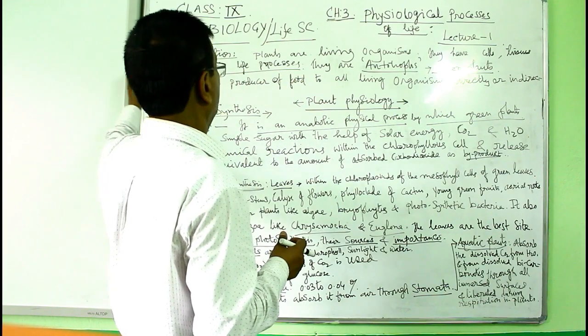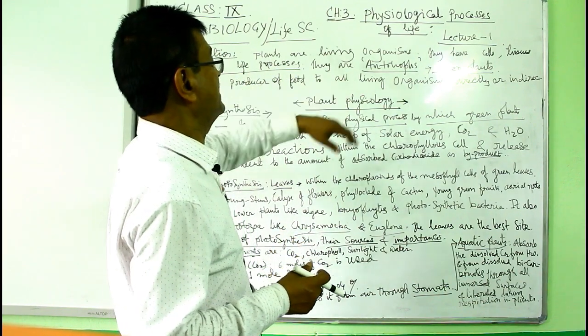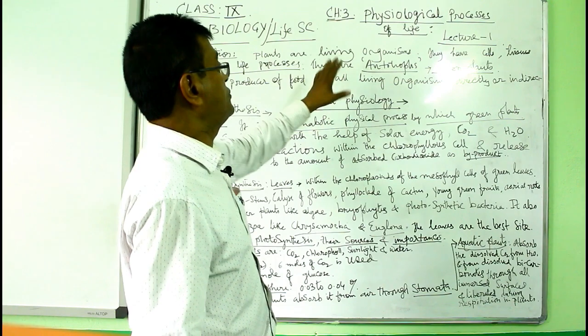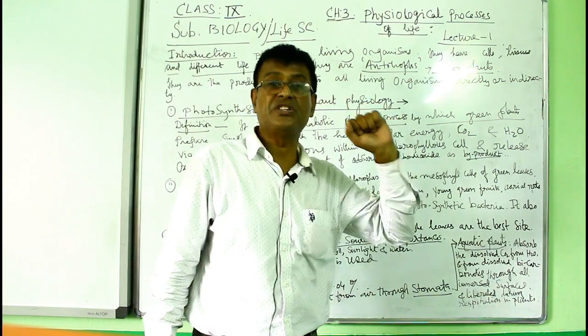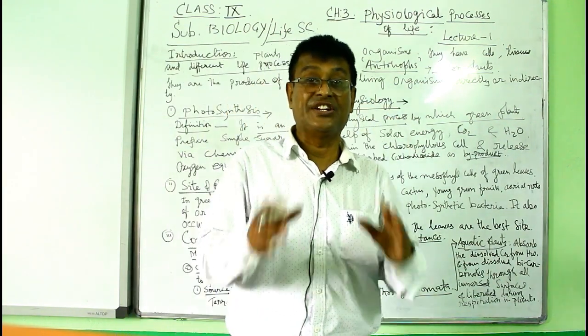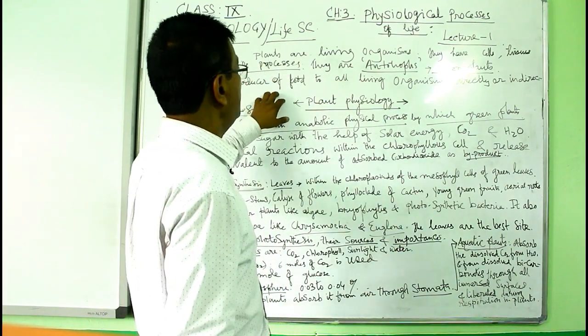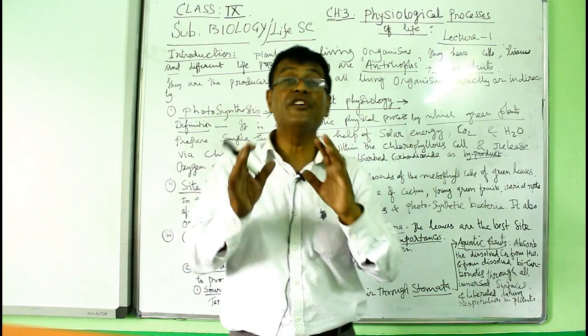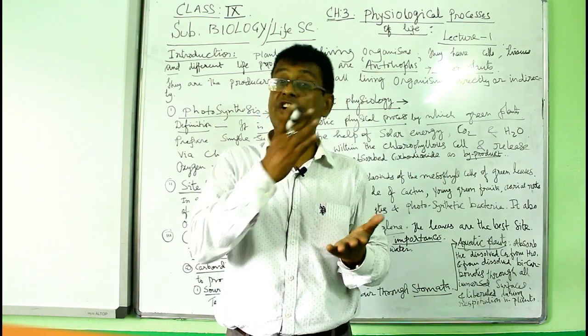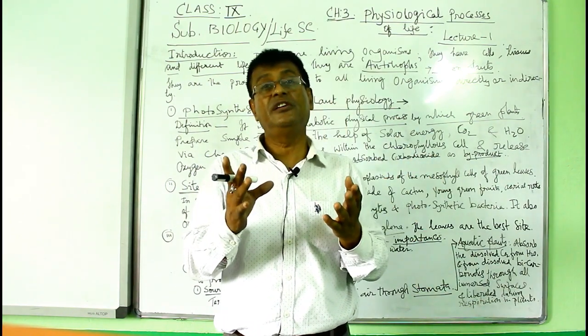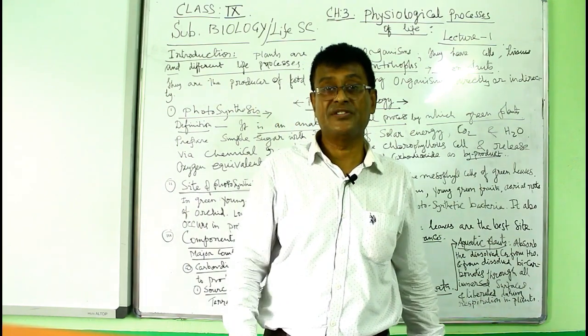Firstly, we see the anabolic processes, which we find in the autotrophs, meaning the green plants. These green plants are the producers of food. All living organisms obtain food directly or indirectly from the green plants.